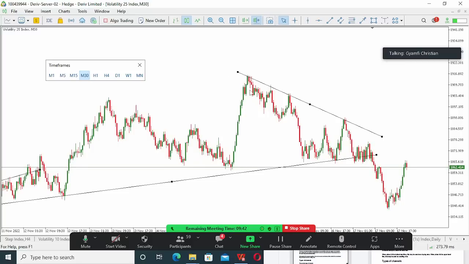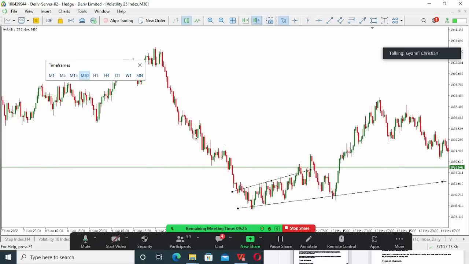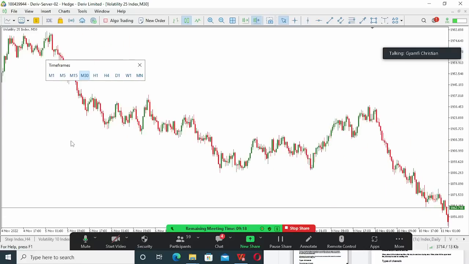So this is how you can actually have a trend line. You have your first touch, your second touch, then you extend it into the future to act as support or resistance. If you don't understand anything, please type in the chat box. And if you don't agree with me, you can equally type in the chat box.